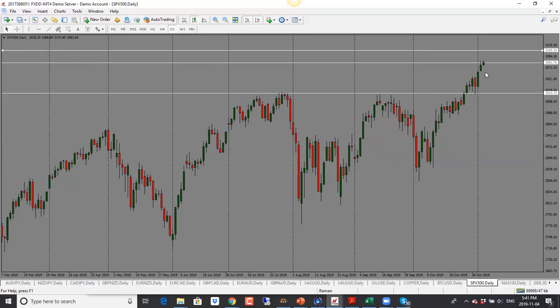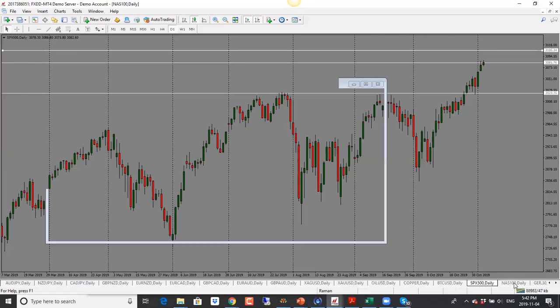Watch out for this. We are into all-time highs, but any positive comments from US and China trade negotiations are likely to push the markets further. So keep an eye on that. Bias is bullish. Next target is 3,100, then 3,120, but I would be cautious here.